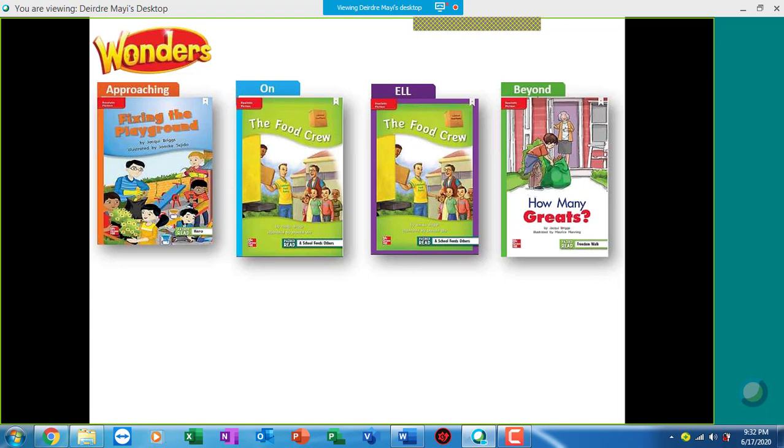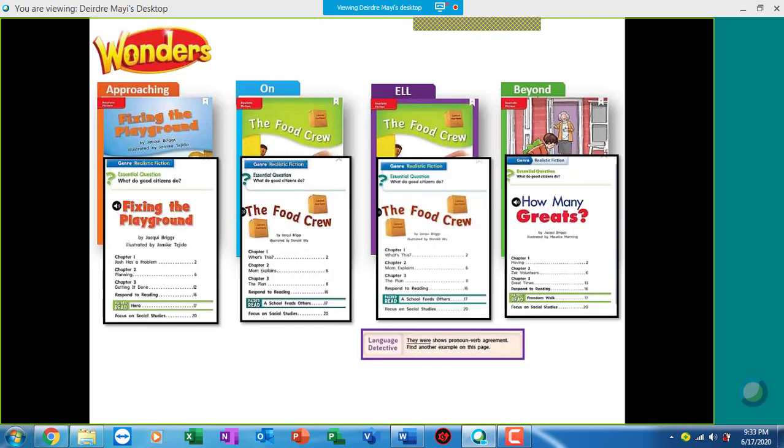So let me be very clear about these leveled readers. They also go very nicely with the essential question, with the theme. So for approaching level, we have Fixing the Playground. On an ELL, The Food Crew. Beyond level, How Many Grades? These are all selections that talk about good citizenship. What you'll find is that these selections have been leveled. So the lexiles will be different, but what remains the same in every one of them is the theme is the same.